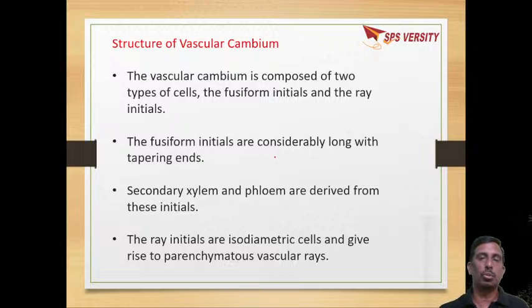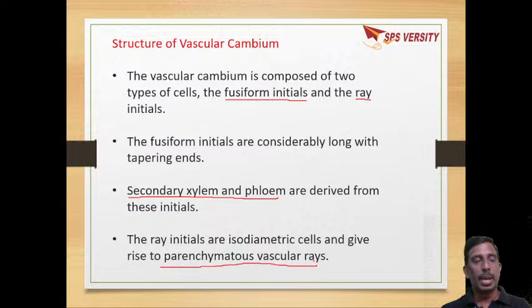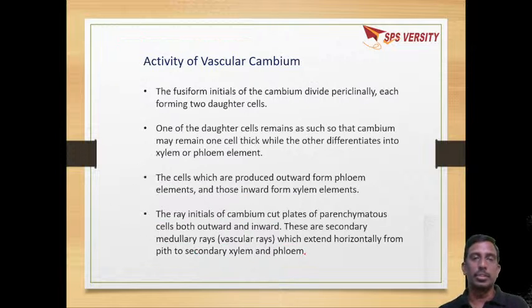Vascular cambium में दो टाइप्स ऑफ सेल्स रहते हैं, फ्यूसीफॉर्म इनिशियल्स और रे इनिशियल्स. फ्यूसीफॉर्म इनिशियल्स से सेकेंडरी जाइलम और सेकेंडरी फ्लोएम आता है. रे इनिशियल्स आइसोडायमेट्रिक सेल्स रहते हैं, क्या देते कि पैरेन्काइमेटस वैस्कुलर रेस.